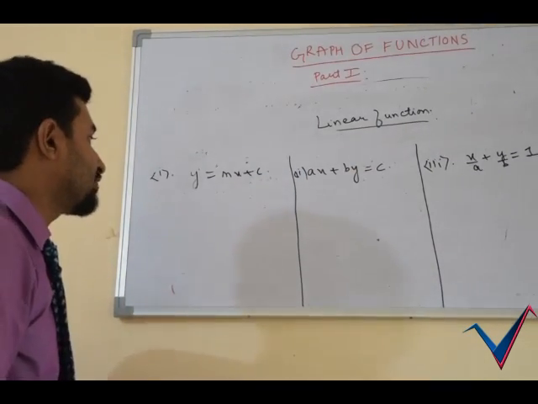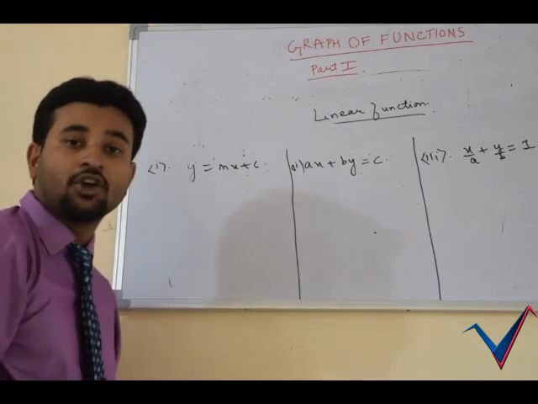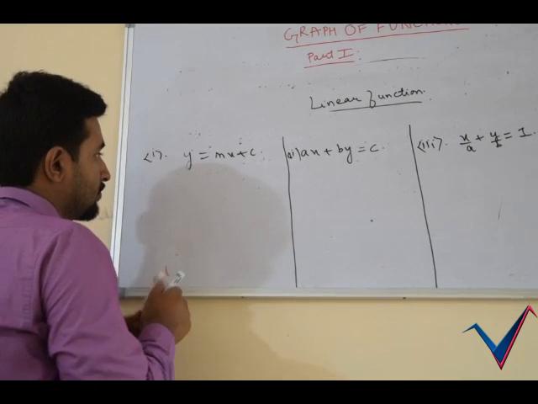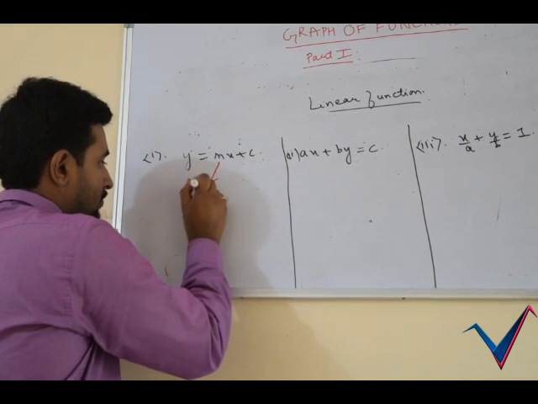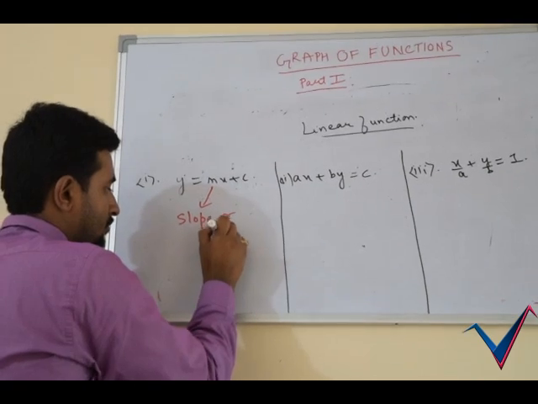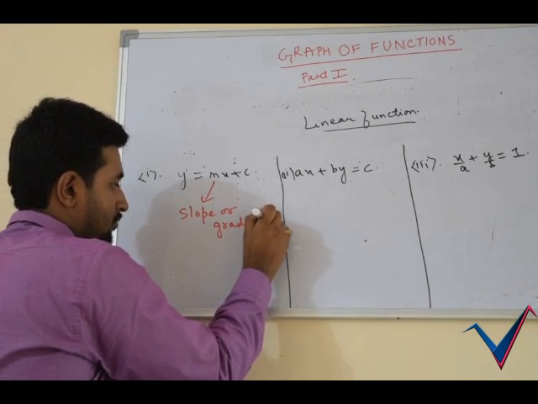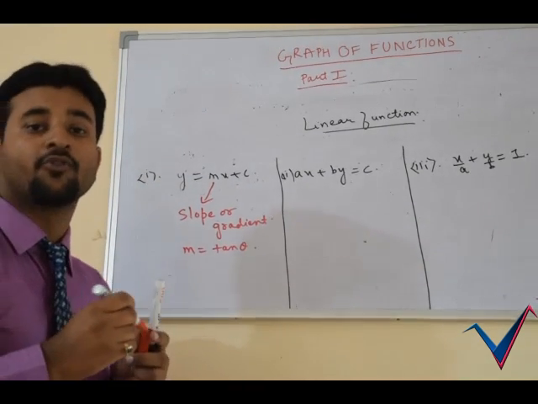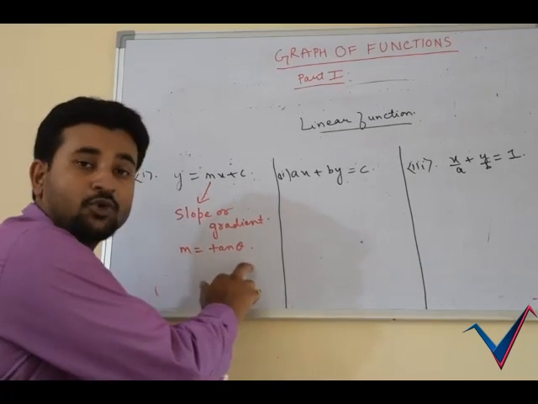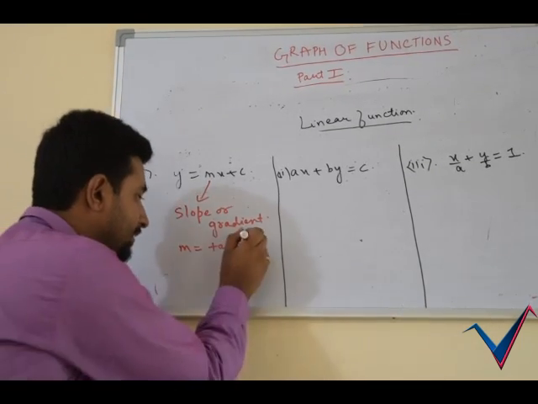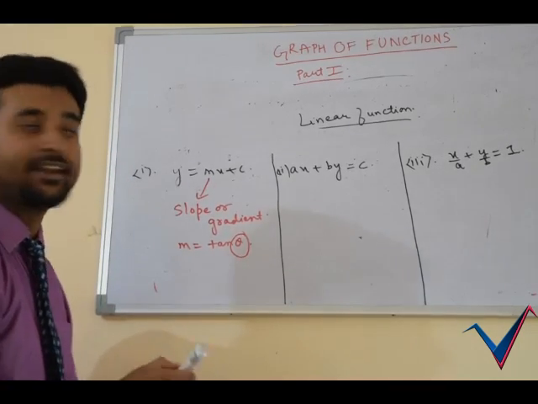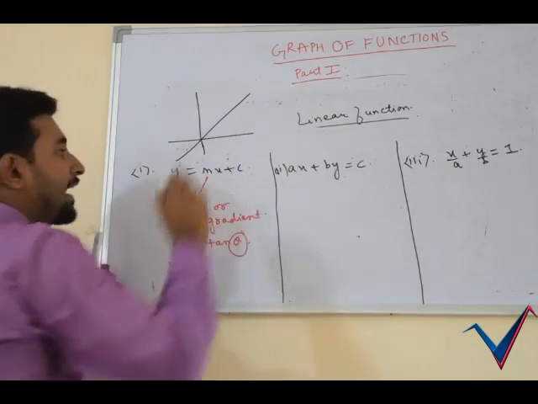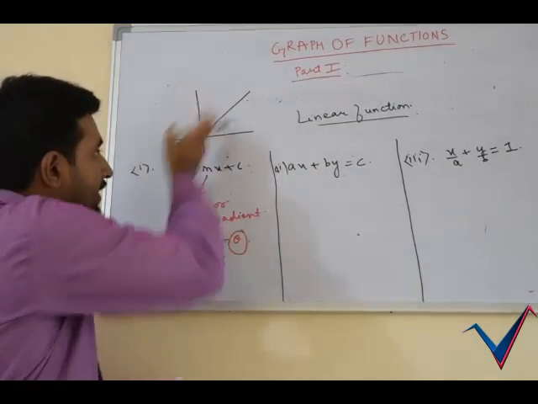So first of all, here m is called slope or gradient, and m is equal to tan theta. What is theta here? Suppose you take any line like this. This is a straight line.